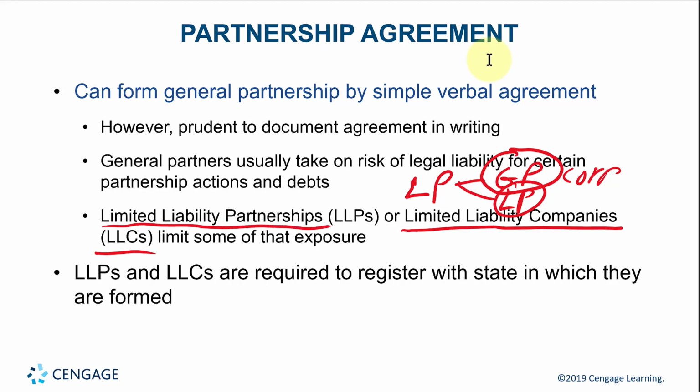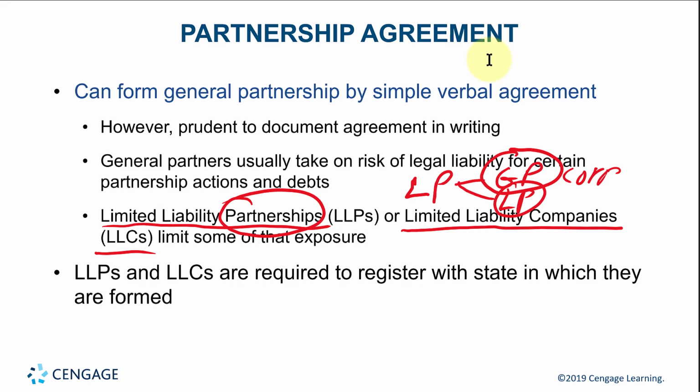And the purpose of an LLP compared to an LLC is that partners in a limited liability professional partnership are only liable for their own malpractice, their own suits that may be brought against them, and not any suits brought against their partners.